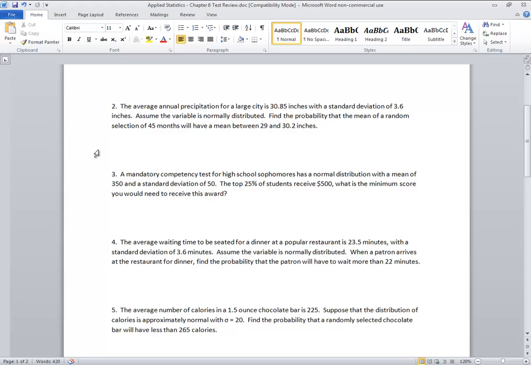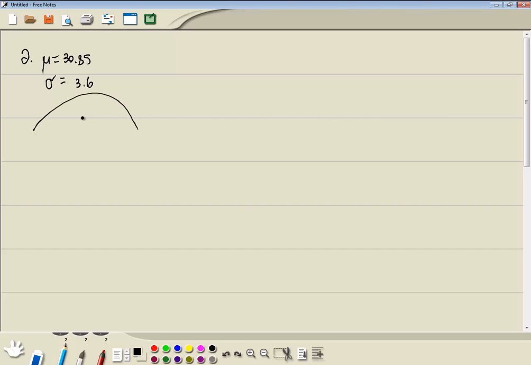Assume the variable is normally distributed. Find the probability that the mean of a random selection of 45 months. So here we're talking about the many whatevers, will have between 29 and 30.2. So here's 29 and here's 30.2.